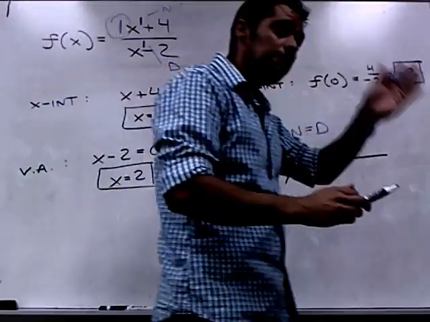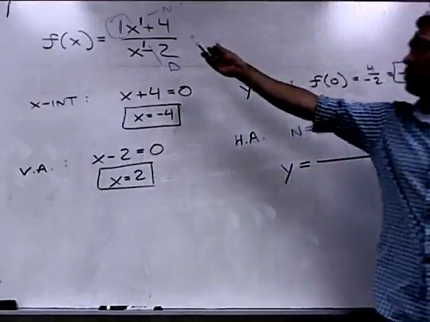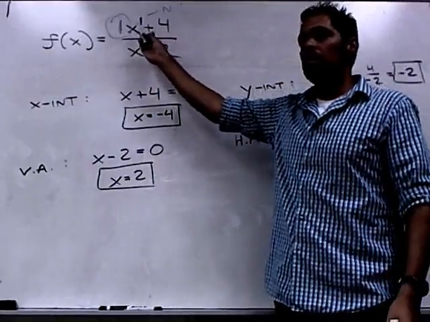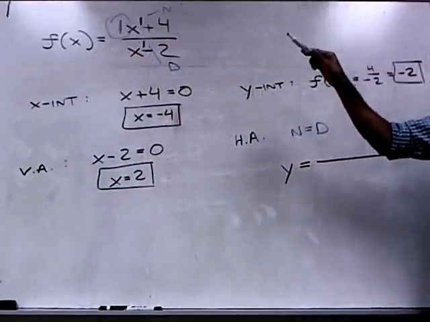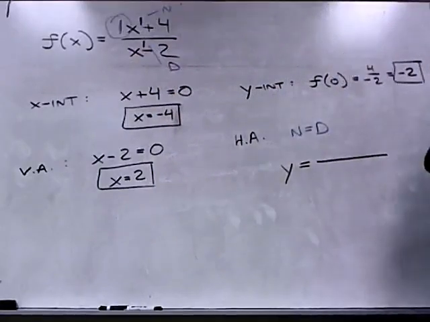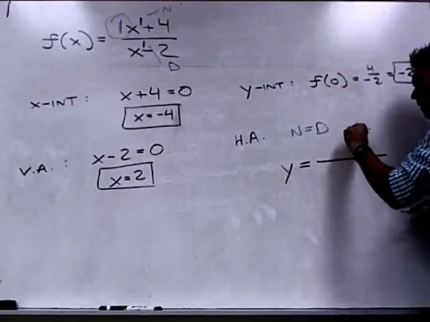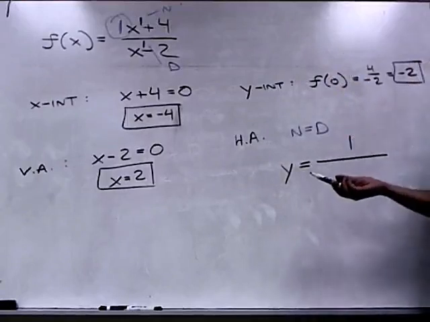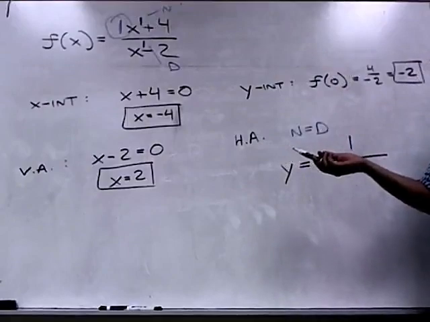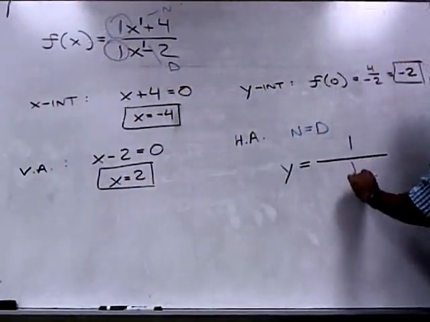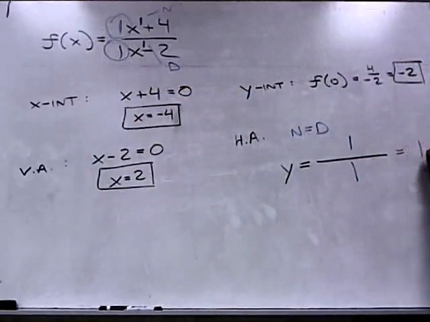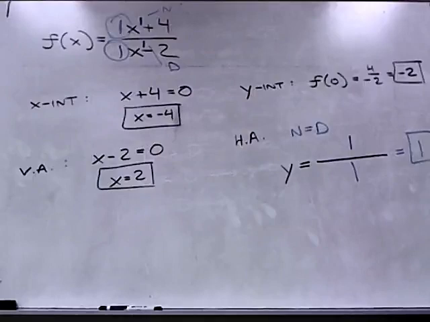If that would have been a 2x, you would still have had the same degree, but you would have a 2 instead of a 1 in front. So I put 1 up here, then divided by the leading coefficient of the denominator, which in this case is also 1. And therefore you get 1 over 1, and 1 over 1 is 1, and that explains where that 1 came from. Okay?